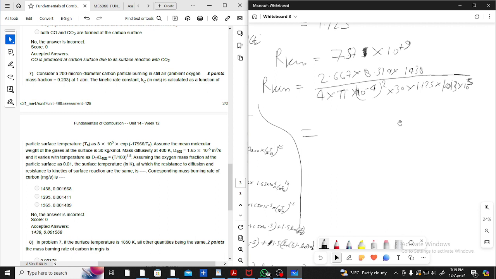Sir, the whole or the bottom portion? No, the whole portion. That is what I am telling, it is 74.093 into 10 raised to 3.